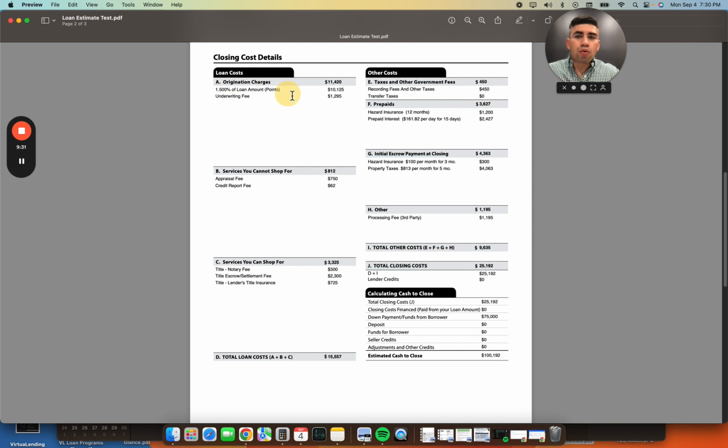Now, the amount of points will vary just depending on the loan, so that's not a solid figure. It is a fluid figure that can change depending on the parameters of the file. In this case, for this example, it's at 1.5%, which breaks down to $10,125. And right underneath that, you're going to have your underwriting fee.